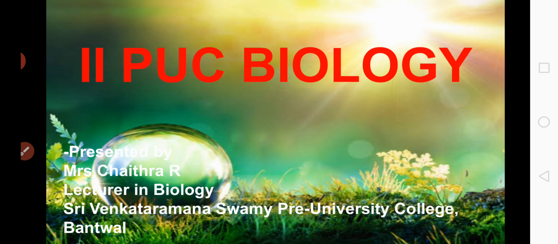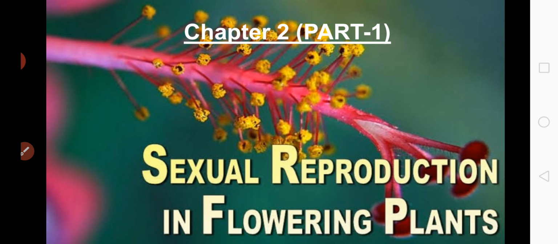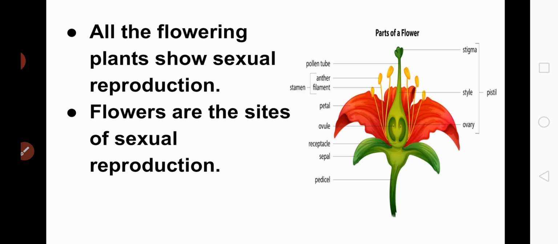Today in this video we are going to study a new chapter, chapter 2, sexual reproduction in flowering plants. In plants, the flower is the structure meant for sexual reproduction because it contains the sex organs, which are also called reproductive organs.